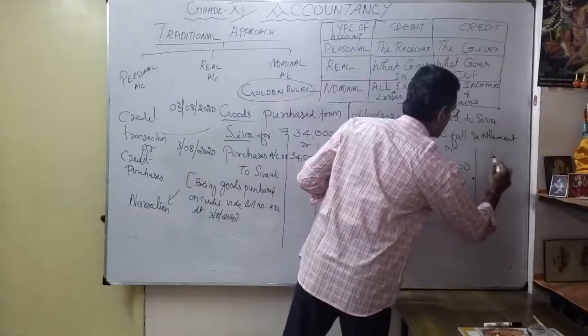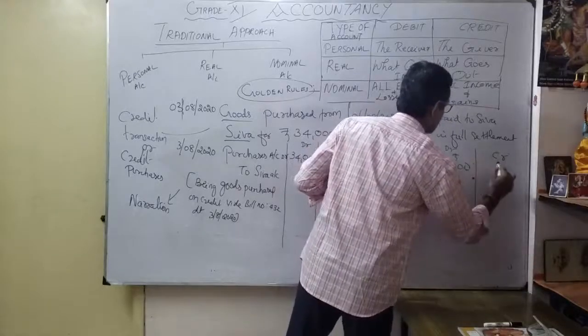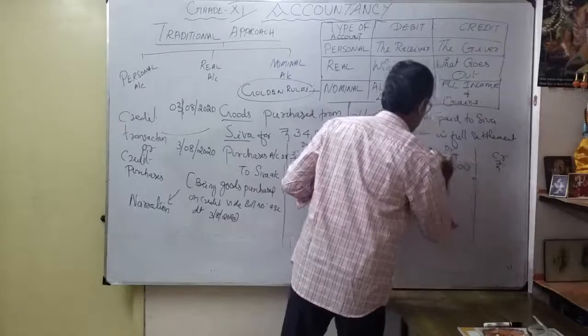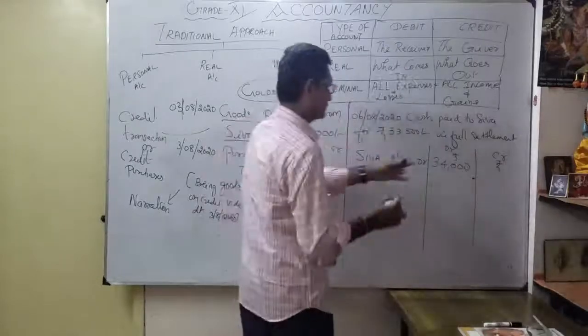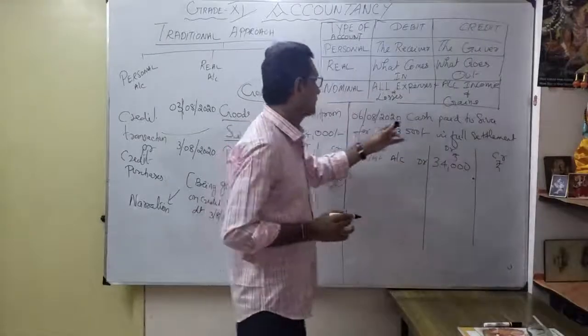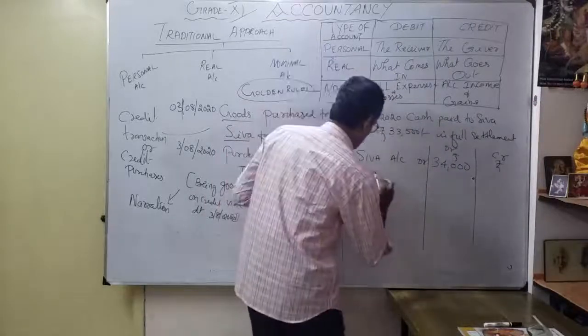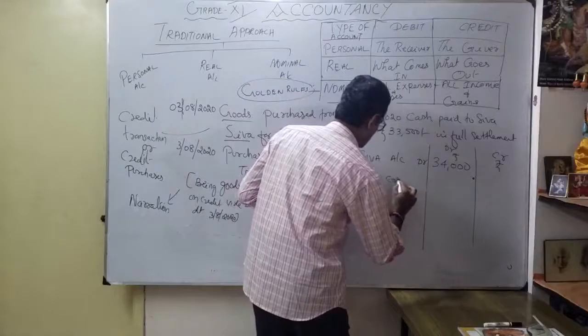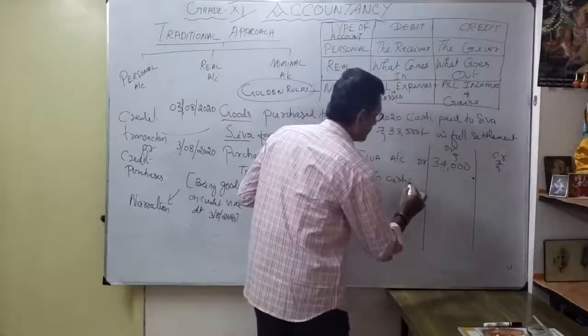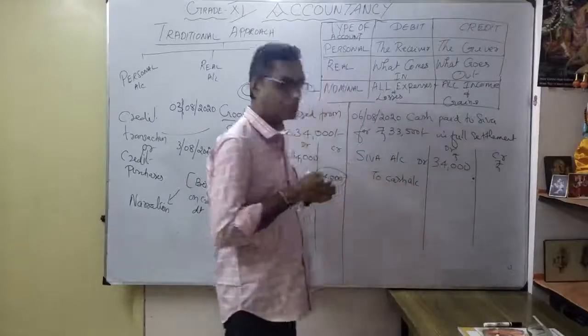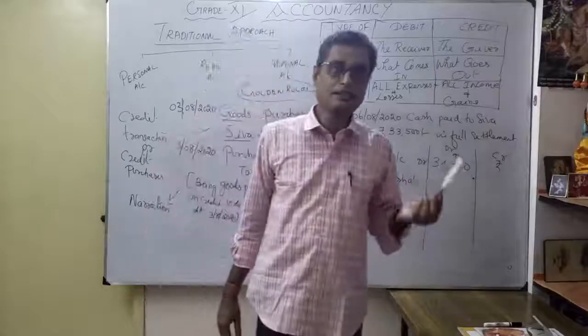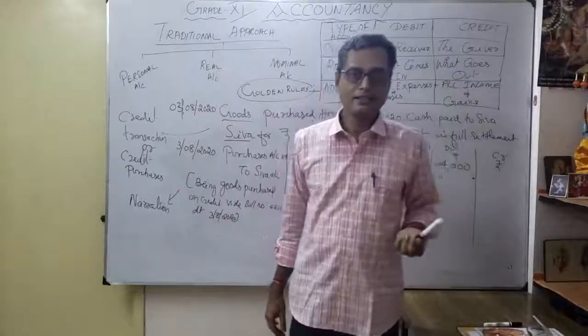Okay, this is debit, then this is credit. So Shiva account 34,000. How much was paid? 33,500, to cash. Why am I crediting the cash account? Cash comes under real account, as you know it is an asset.